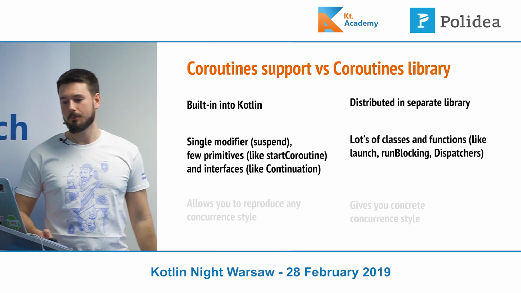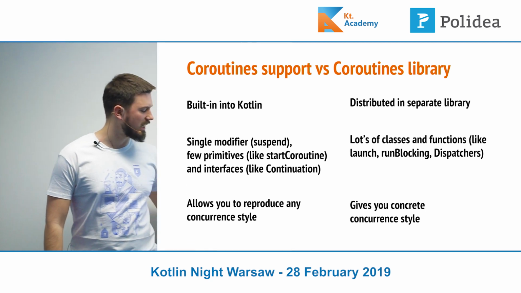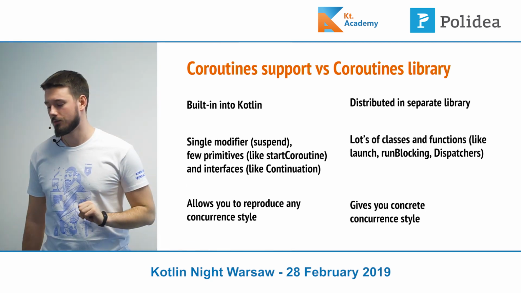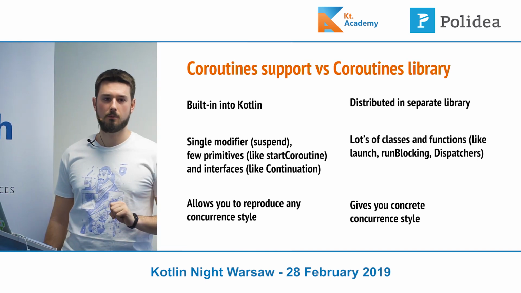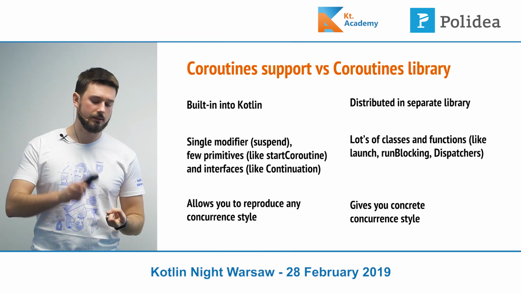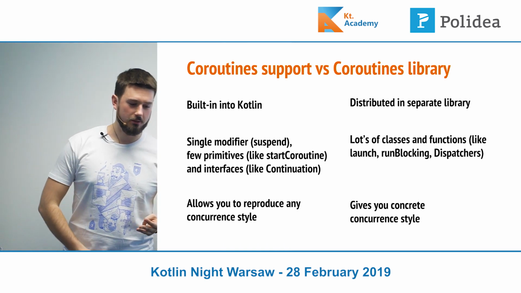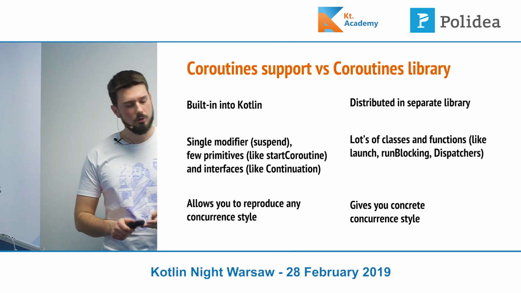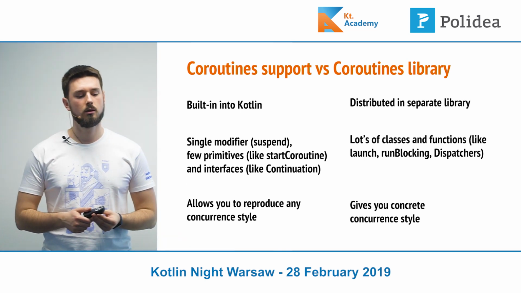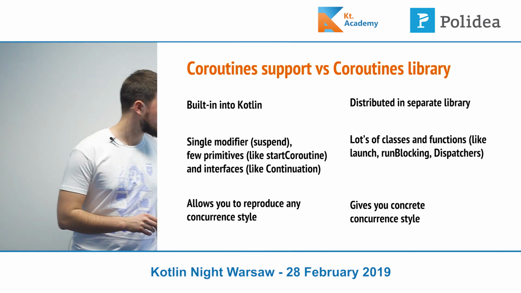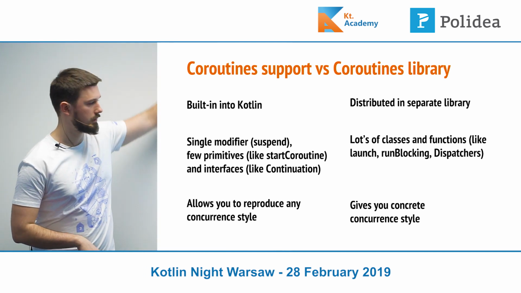Kotlin Coroutines support can be used to reproduce absolutely any style. And if you don't believe it, you can check it out. Really, JetBrains did a lot of experiments, and the concurrency styles of Go, Haskell, JavaScript and C# are very easy to reproduce. Absolutely any known popular concurrency style can be reproduced with Kotlin Coroutines support.